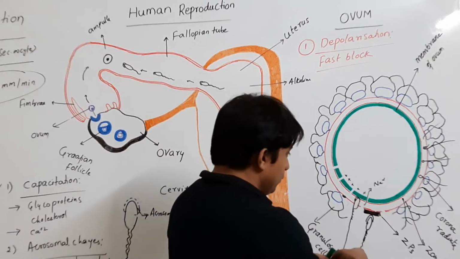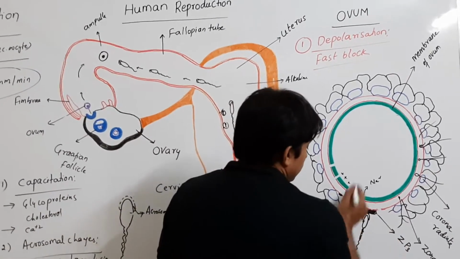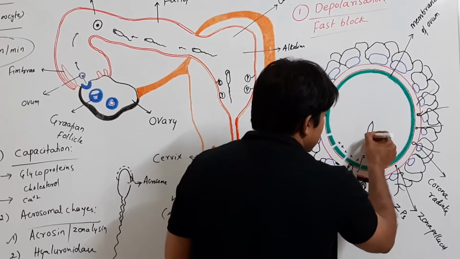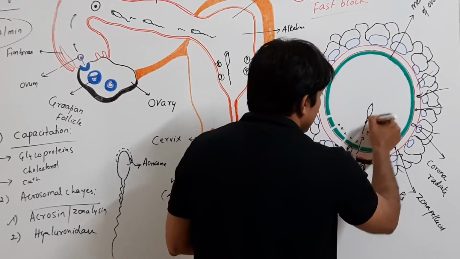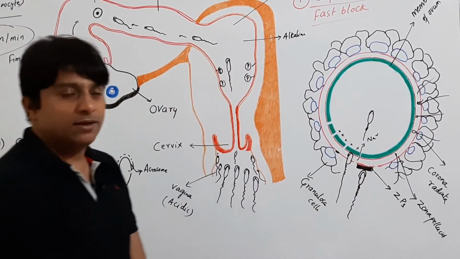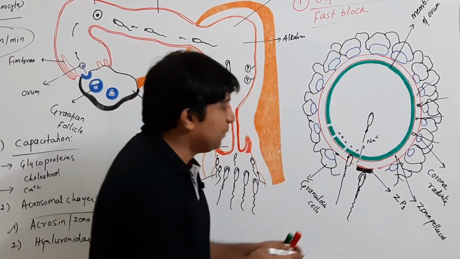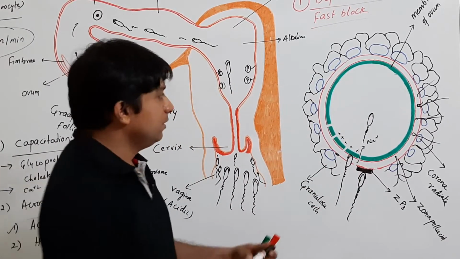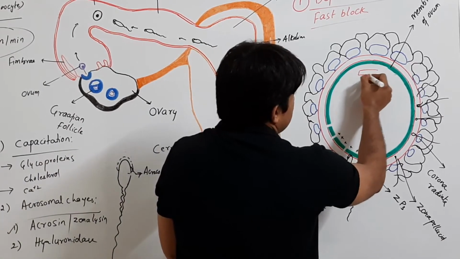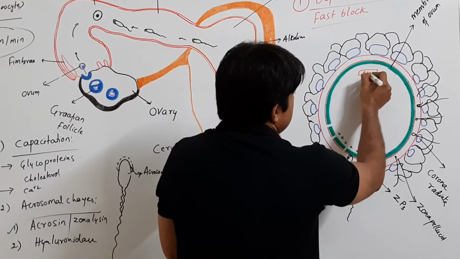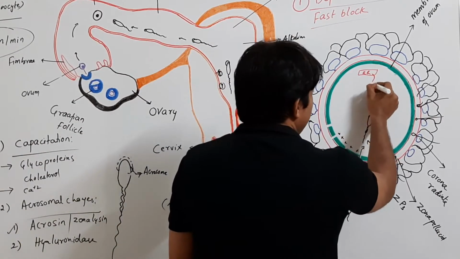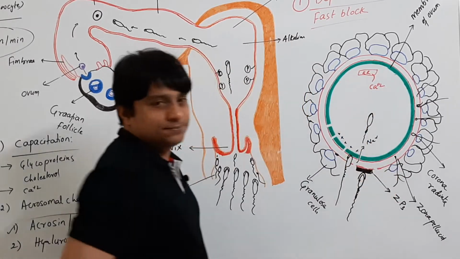Now the sperm dissolves it and enters inside. When the sperm enters, the endoplasmic reticulum in the cytoplasm of the ovum releases calcium.